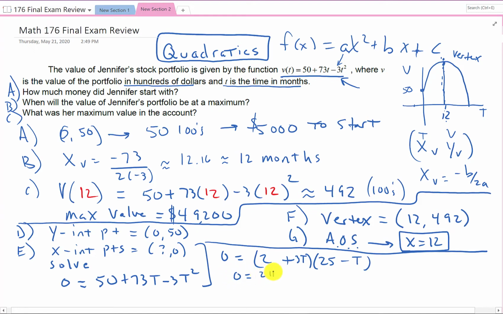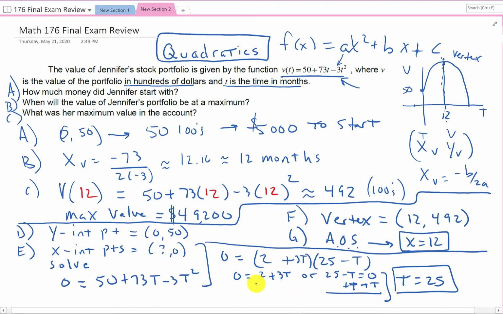0 equals 2 plus 3t, or 25 minus t equals 0. Now if I add t, I get here t equals 25.